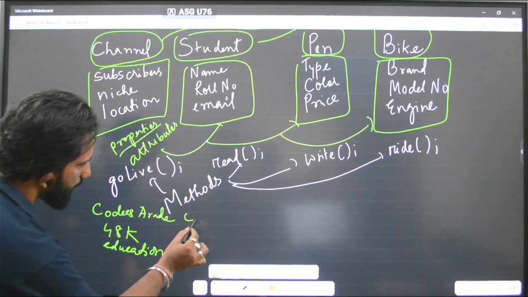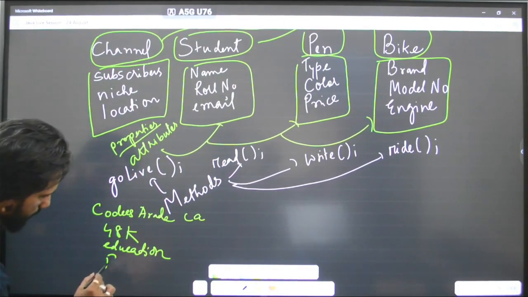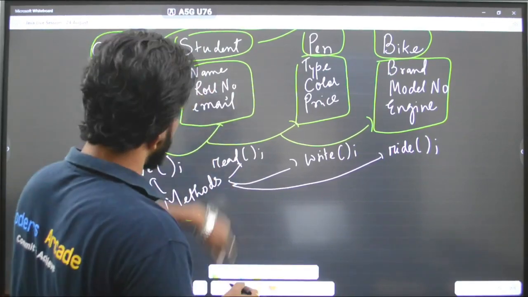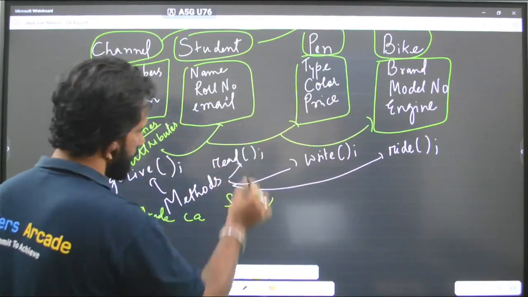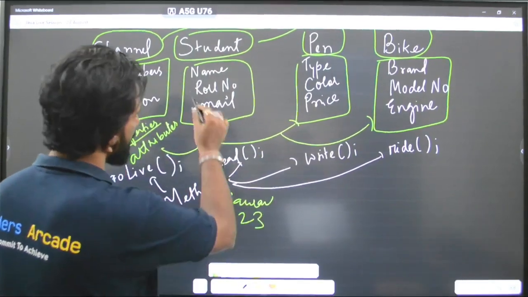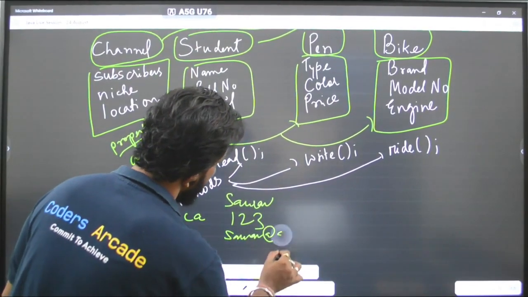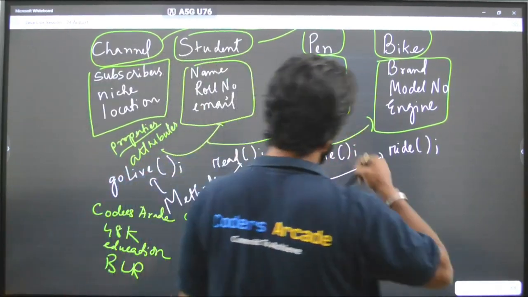Say I am writing CA, okay, and then the location is Bangalore, BLR, just for example, shortcuts I am writing. And here, in case of student, say I am writing Saurav, my name only, and the roll number is say 123. Then I am writing email ID, saurav@gmail.com.